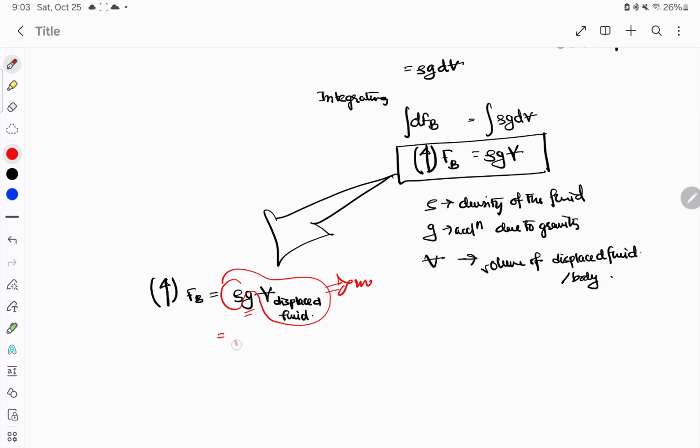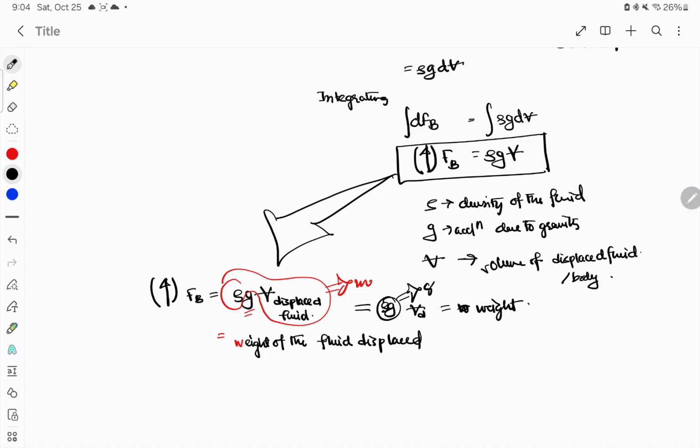So we can also say that the force of buoyancy is the weight of the fluid displaced. If you are having trouble, I can do it again. Rho into g is the weight density gamma, and gamma into V of the displaced fluid is again weight.